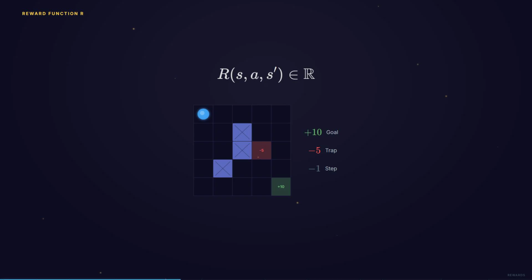That living penalty nudged the agent to find the goal quickly. Notice that the reward depends on 3 things: where you are, what you did, and where you ended up. This is the most general form. Some problems simplify it. Reward depends only on the state, or only on the state and action. But the full form handles everything.